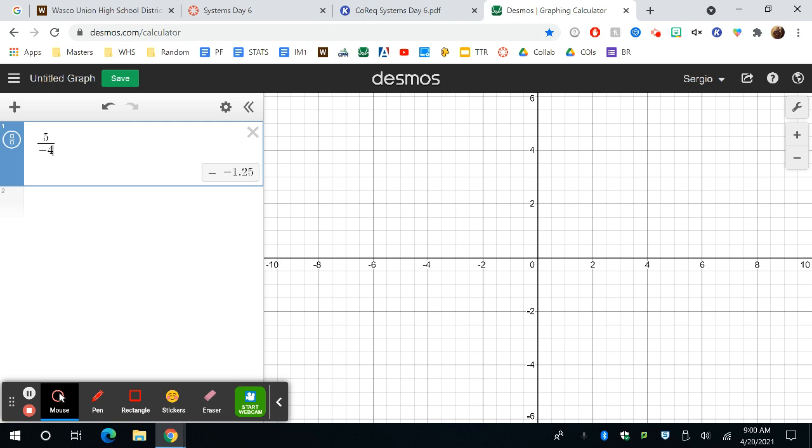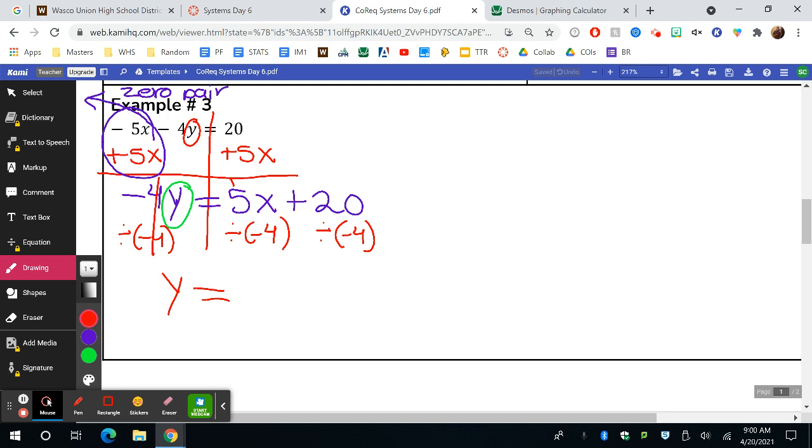But we always want to put the fraction, so we click here, and it gives me the fraction form, which is negative 5 over 4. So going back to the note page, that's what I'm going to write: negative 5 over 4, bring down the x, and then 20 divided by negative 4.